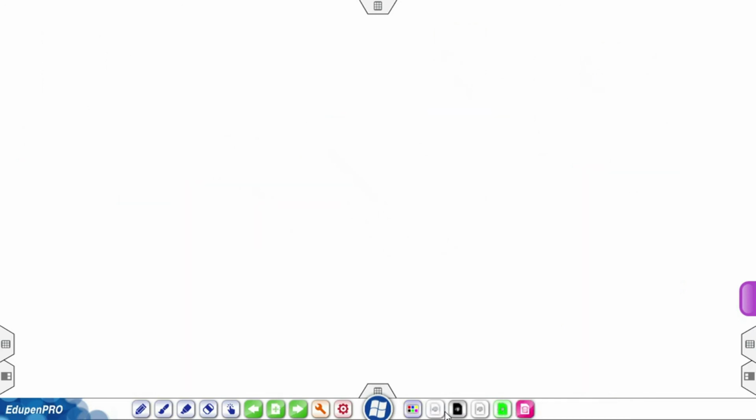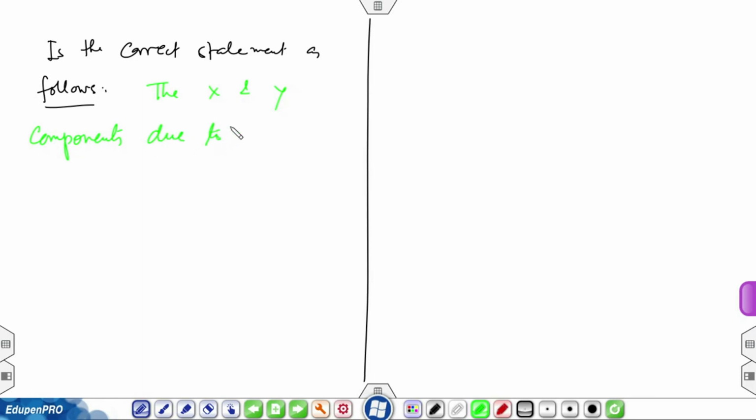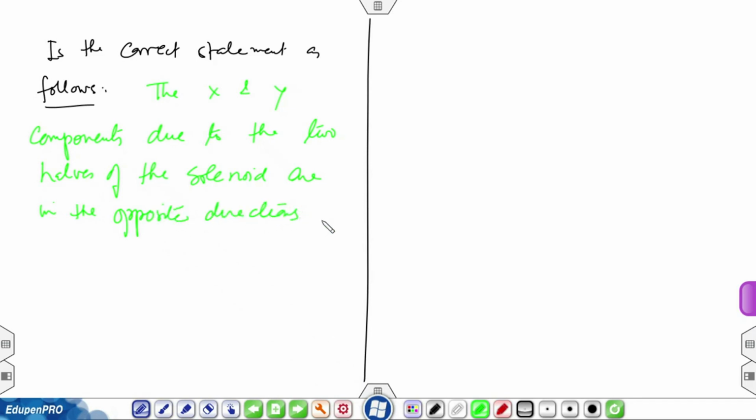Or is the correct statement as follows? The x and y components due to the two halves of the solenoid are in the opposite directions, and therefore, they cancel.